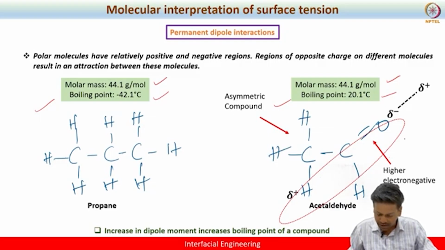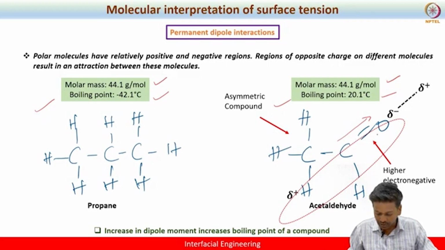So this happens because in this case, this molecule has an oxygen atom, which is a highly electronegative atom, so it will hog electrons from the hydrogen, right? So because of this polarity, the dipole moment shifts towards the oxygen atom, because it hogs electrons, right?